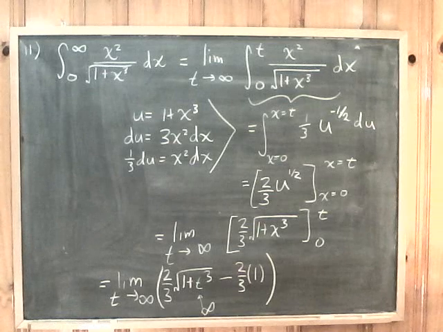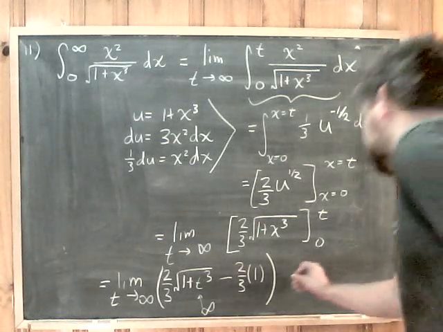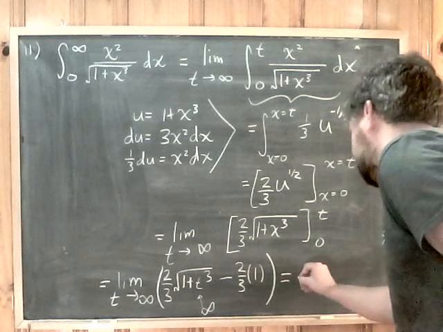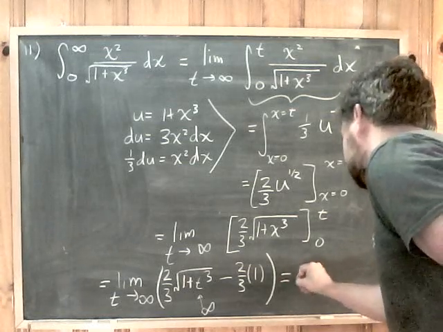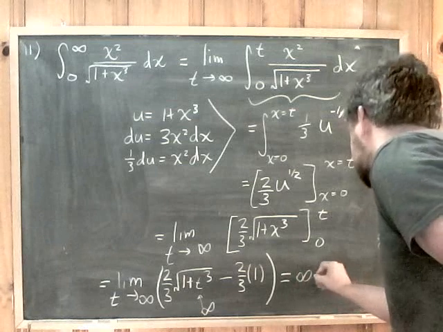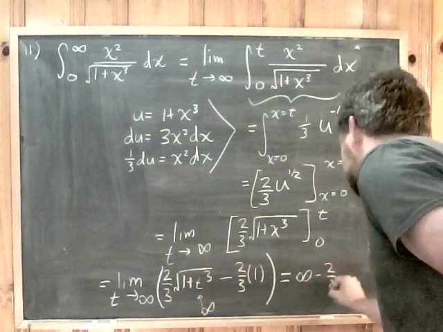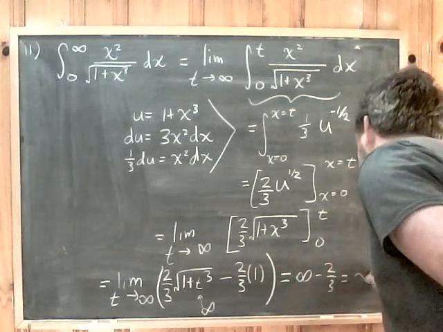And finally, infinity minus 2/3 is infinity. So you basically get, depending on how many times you want to write it, infinity minus 2/3, which is equal to infinity.